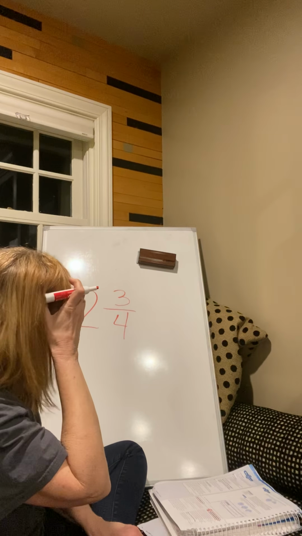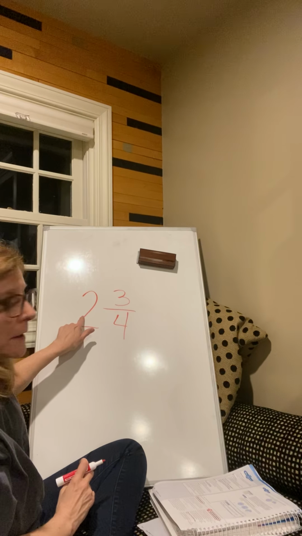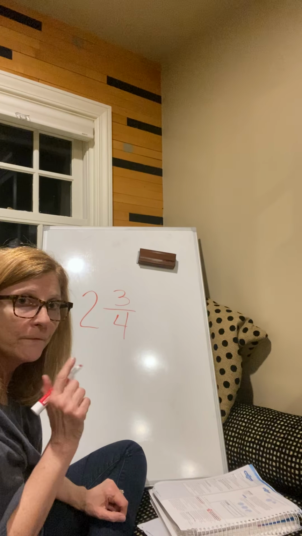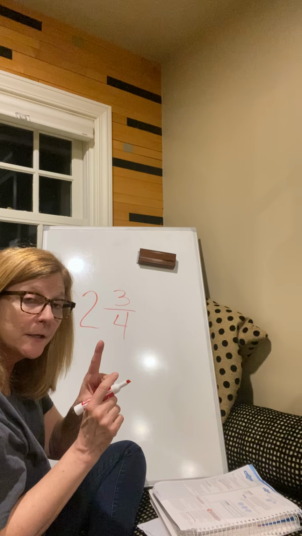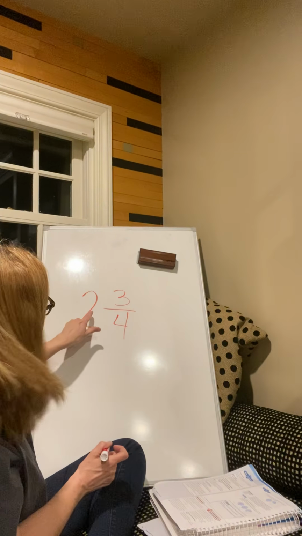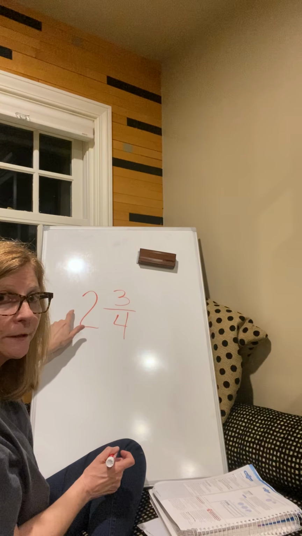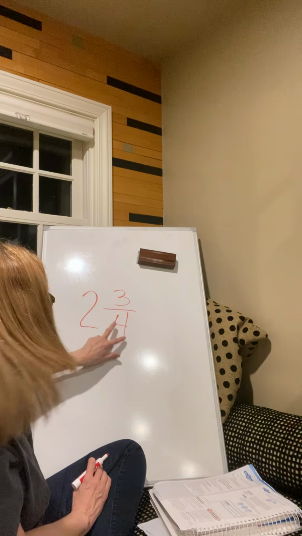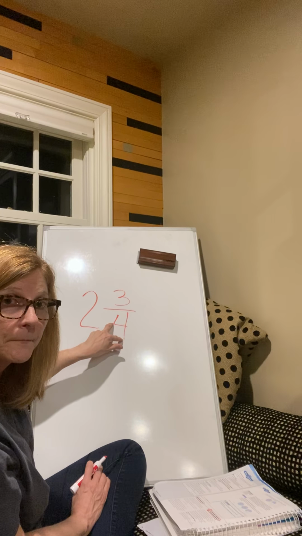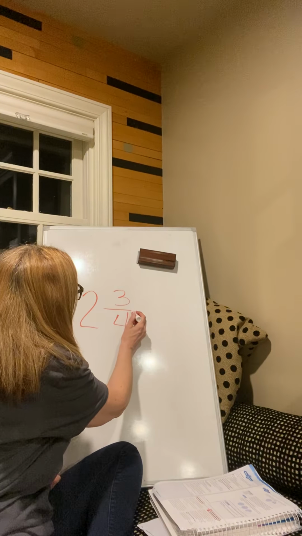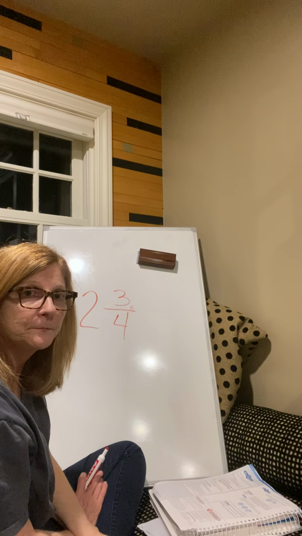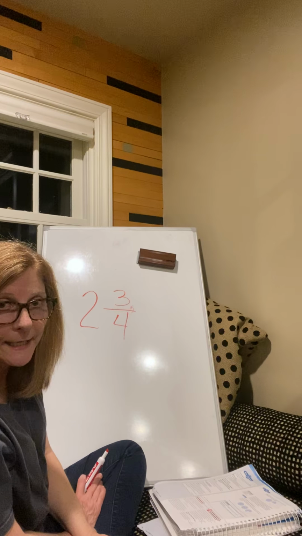So the number of fourths in 2, how many fourths are there? There's 4 fourths in 1. So if I had 2, how many would there be? 8. So you can always multiply this whole number by the denominator because it tells you how many parts would be in 1. Then you're just adding the extra parts that you have up here. And that's why it works.